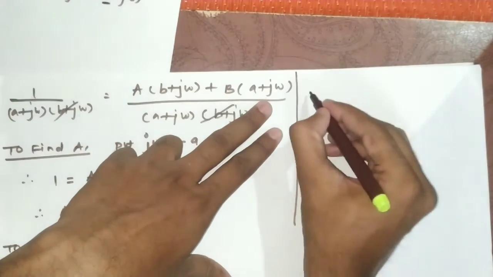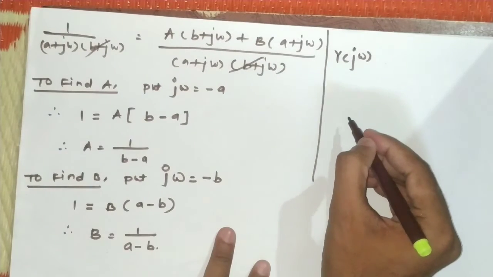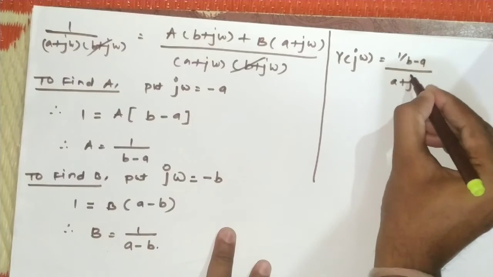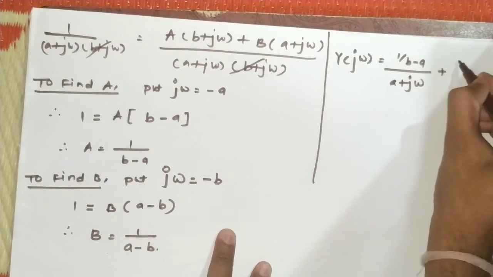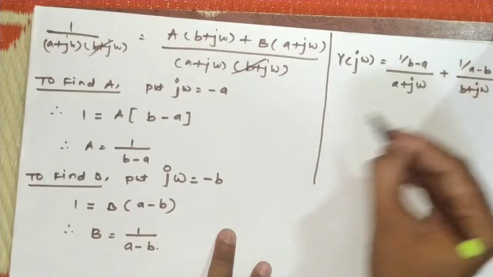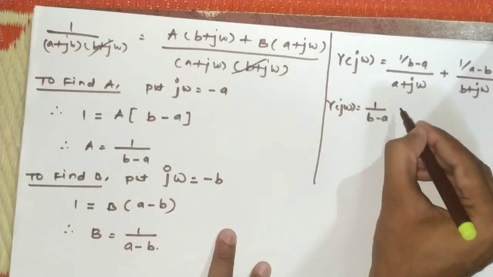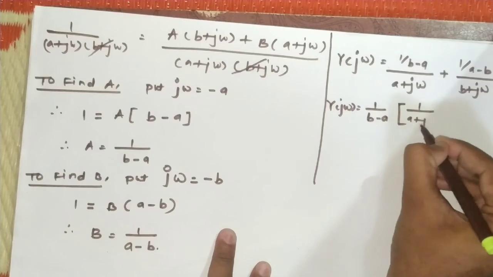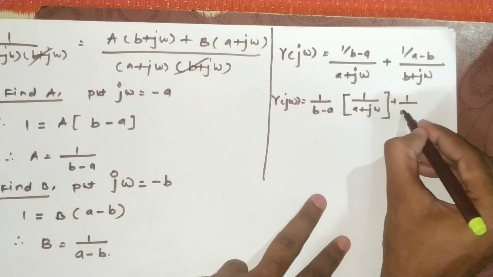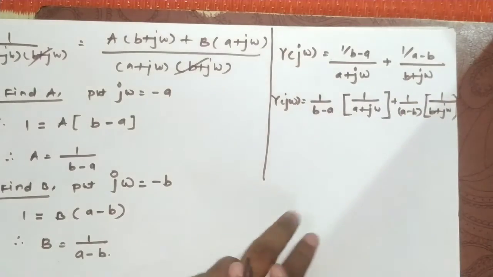I can write y of j omega is equal to A, which is 1 upon b minus a, divided by a plus j omega, plus B, which is 1 upon a minus b, divided by b plus j omega. Now writing them in a proper way, this becomes 1 upon b minus a into 1 upon a plus j omega, and similarly for this term, 1 upon a minus b into 1 upon b plus j omega.